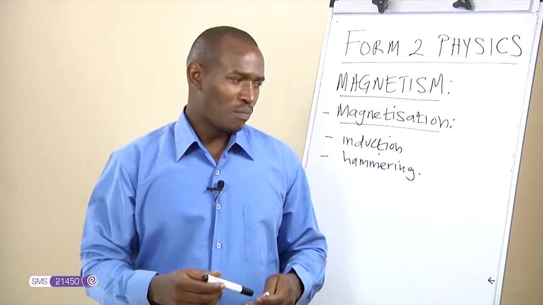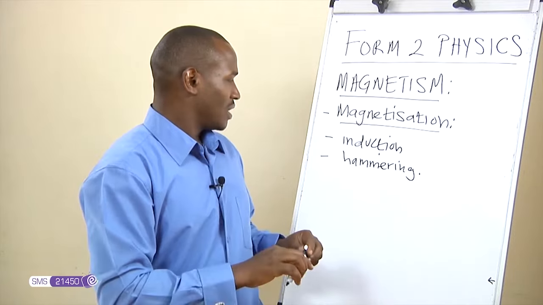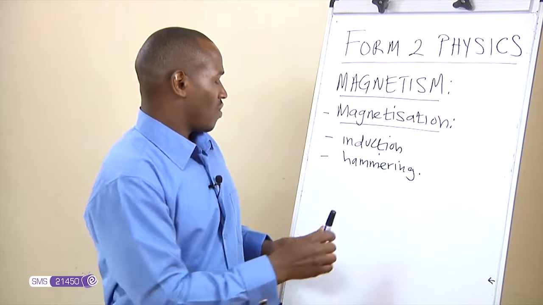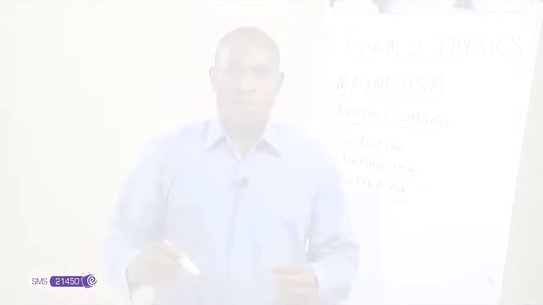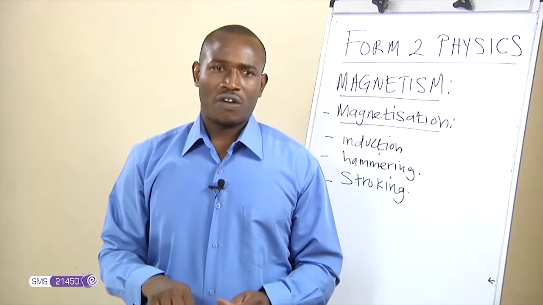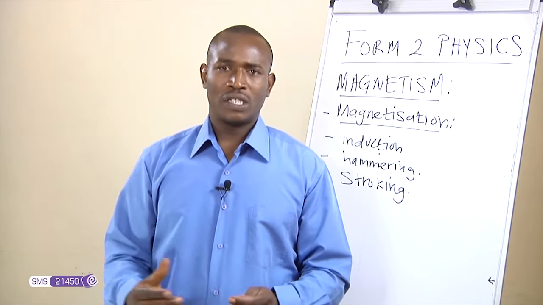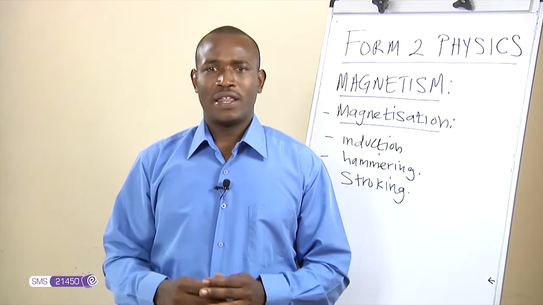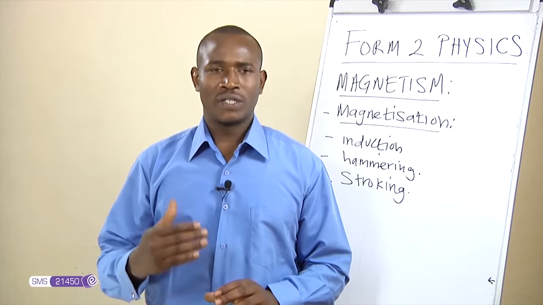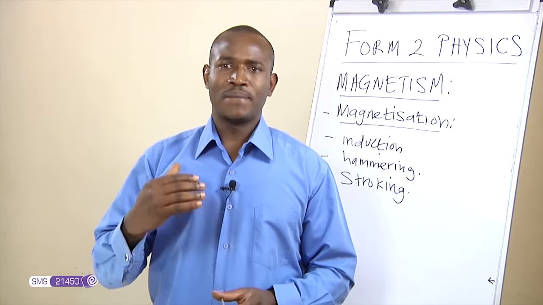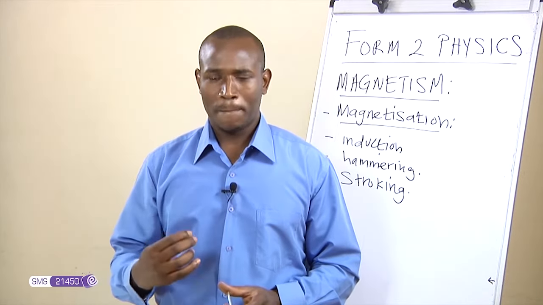We can now look into our third method of magnetizing, the stroking method of making a magnet. So here, what you need is, one, the material to be magnetized, which we said must always be a magnetic material.